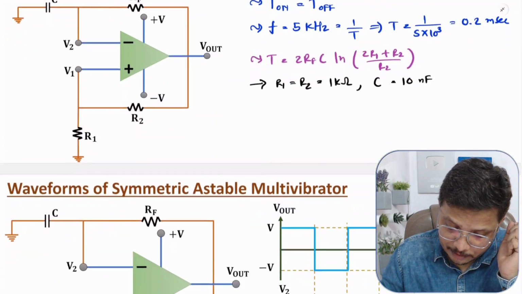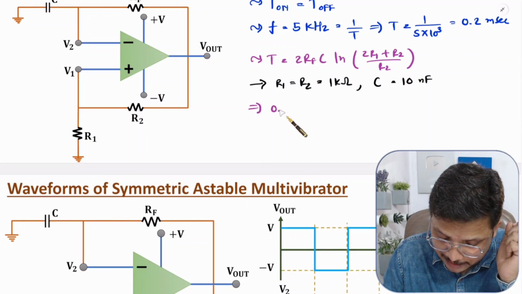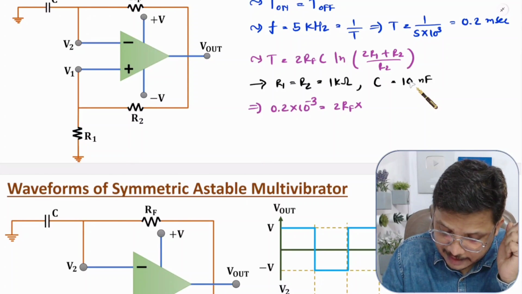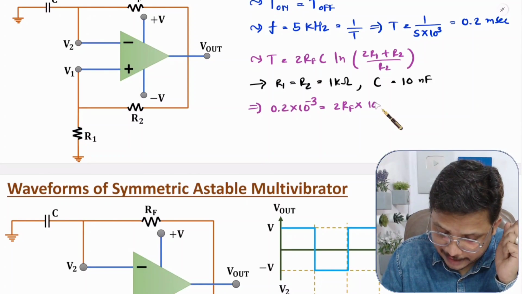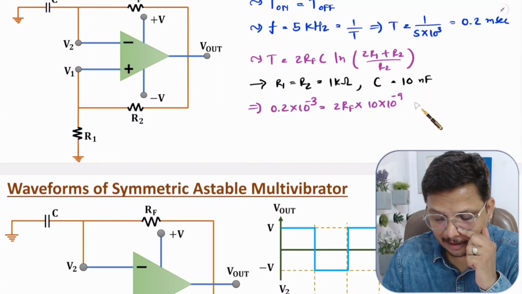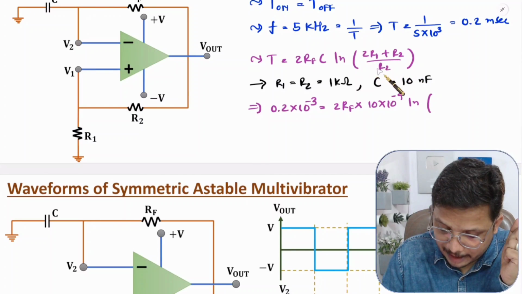So here we have value of T that is of 0.2 millisecond, right? That is equals to 2 into RF into C that we have assumed, that is 10 into 10 to the power minus 9, nano means 10 to the power minus 9, ln of (2R1 plus R2) divided by R2, R1 and R2 that is of 1 kilo ohm.